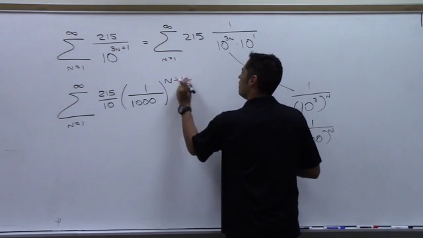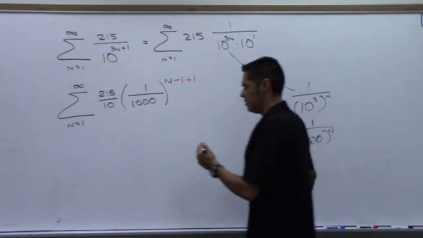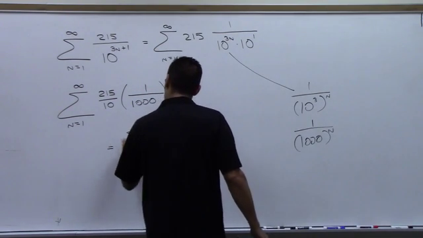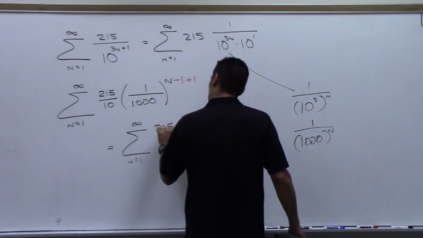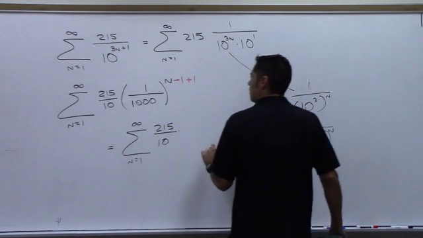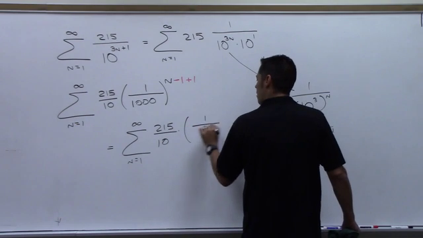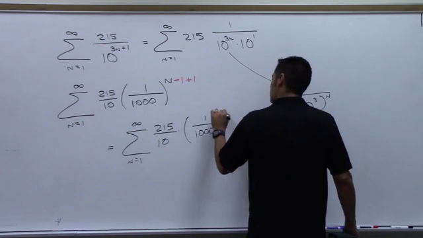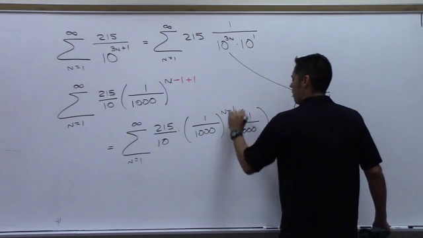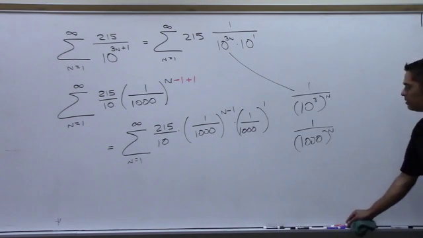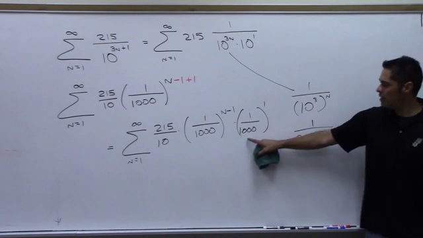And so we get the sum from n equals 1 to infinity. We're almost there. 215 over 10 times 1 over 1,000 to the n minus 1 times 1 over 1,000, right? To the first power. The 1 over 1,000 is going to go out over here.